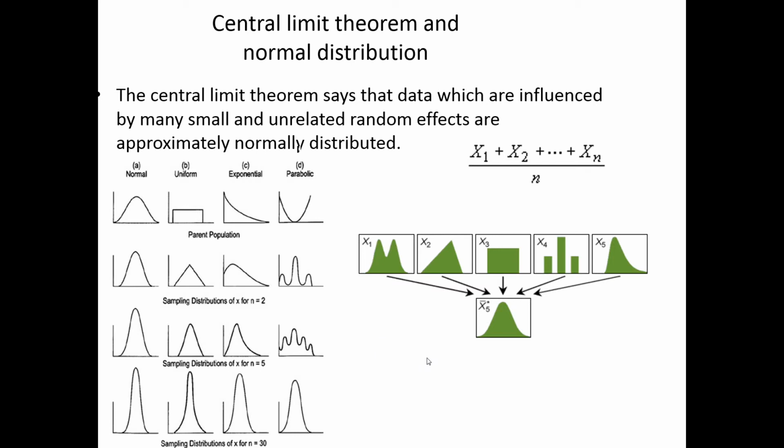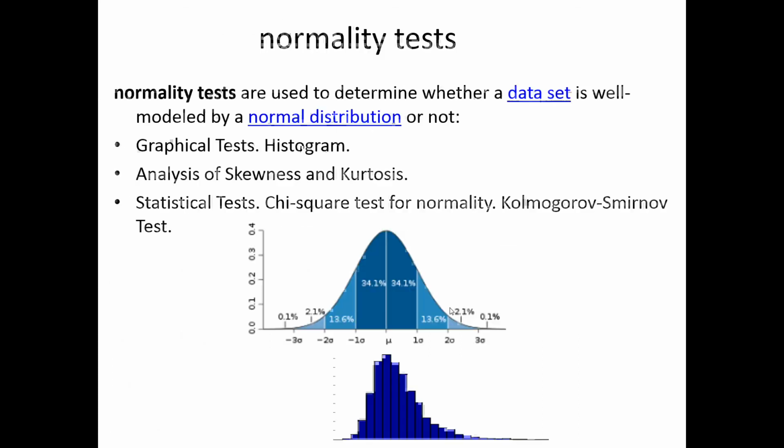So the tests we were talking about, assuming these Gaussian distributions, are really good in many cases. And even if data is not exactly Gaussian-like, often those tests will give us a good approximation of statistical significance.